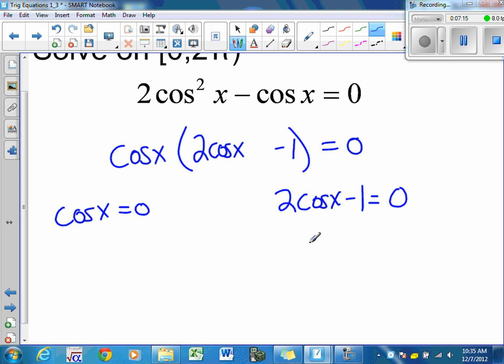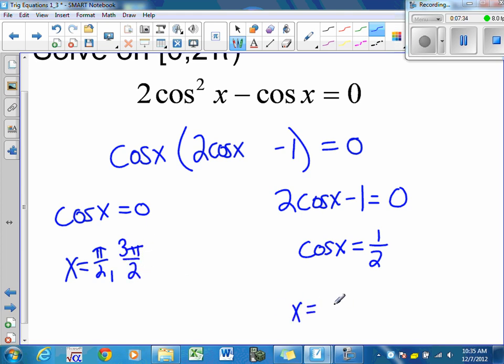Now, each of these problems, I am just going to treat like we did in the last homework. Cosine is 0 happens at pi over 2 and 3 pi over 2, I'm in radians. And then cosine equals 1/2 is at pi over 3 and 5 pi over 3.